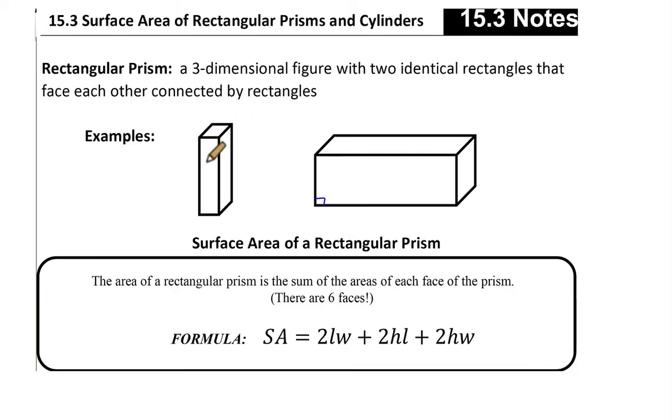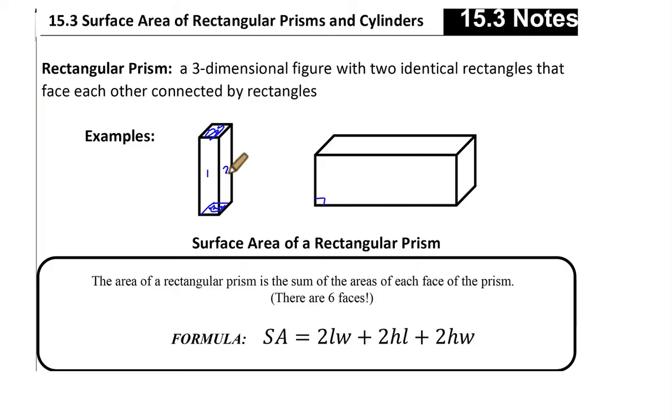So let's pretend in this first prism here that here is a rectangle, the top of it, and then we know, of course, the bottom of it would have what we would say is a congruent rectangle as well. It would be the same size as the one on the top. Now, if you notice, they are connected to each other by rectangles. This is a rectangle. We'll call that rectangle number 1.